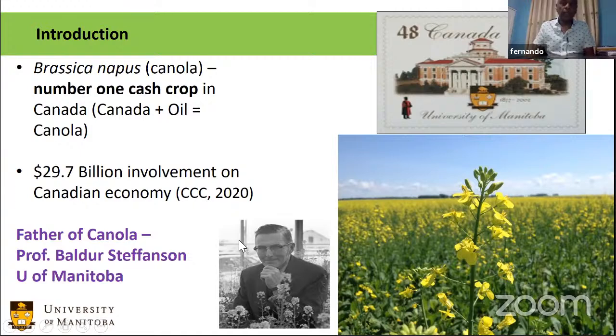He developed the first variety, called Tower, in the 70s. Around the same time, Dr. Keith Downey at Agriculture and Agri-Food Canada in Saskatoon also developed canola, so we give credit to both of them and sometimes call them the fathers of canola. Today, the crop is worth about $30 billion each year. It's a huge crop that is very much valued.